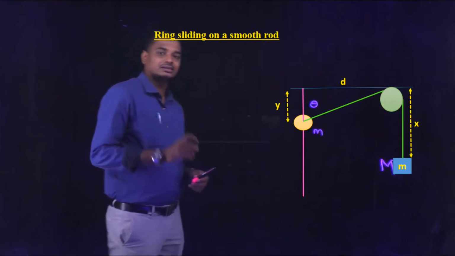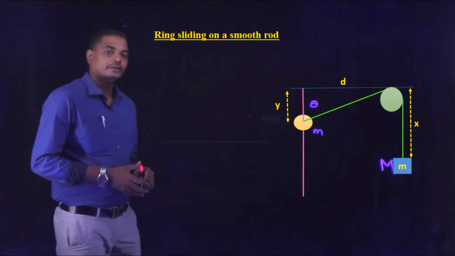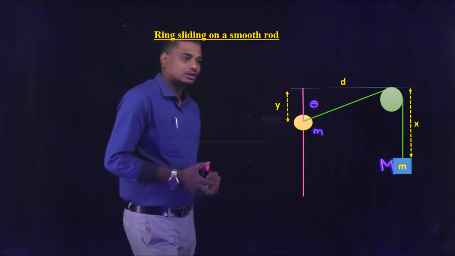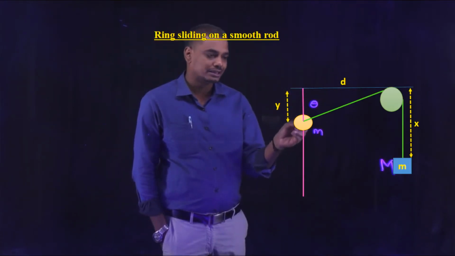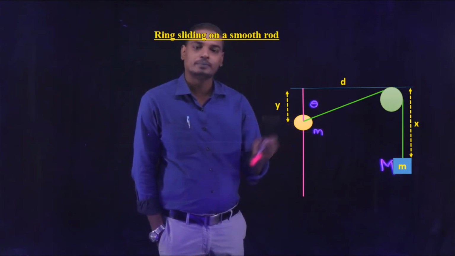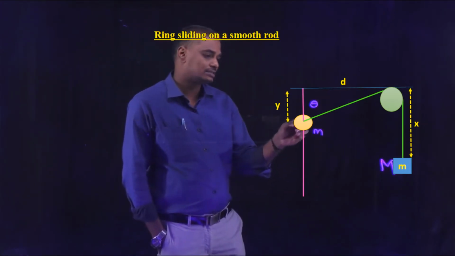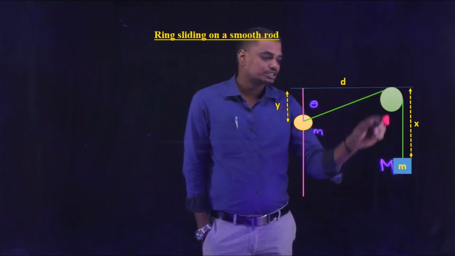Now here is an example. A ring is sliding on a smooth inclined plane. Consider this pink one as an iron rod on which a ring is placed. The ring is of mass small m. This ring is connected to a block of mass capital M through a string.